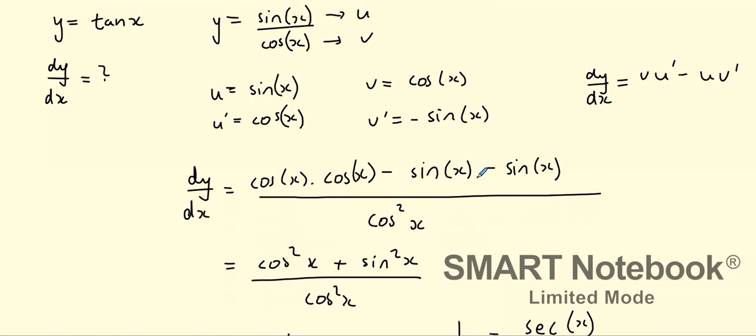This dot represents multiplication. So when I do negative times a negative, that becomes a plus. Are you happy with that? Because in here, there is a multiplication, and this was u and this is v dash. So I'm actually multiplying them.